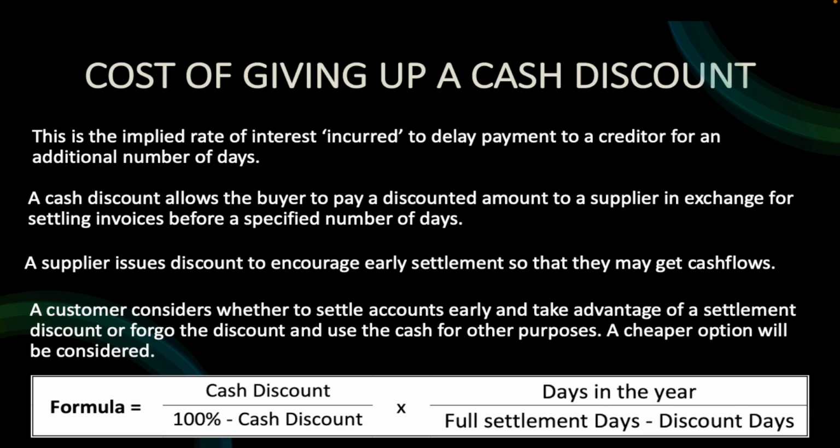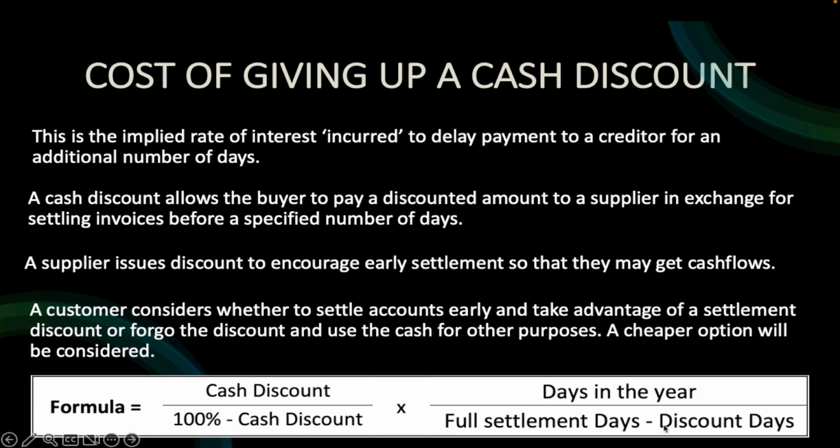Here's what it means. If you're given a cash discount of 3%, for instance, then your numerator here would be 3%, and then you divide that by 100% minus 3%. So it's going to be 3% divided by 97%, and then you multiply that by the number of days in the year. Usually you'll be told, assume 365 days in the year or 360 days in the year.